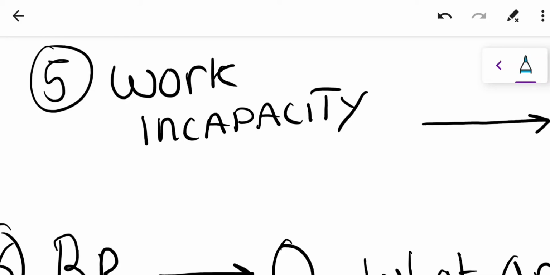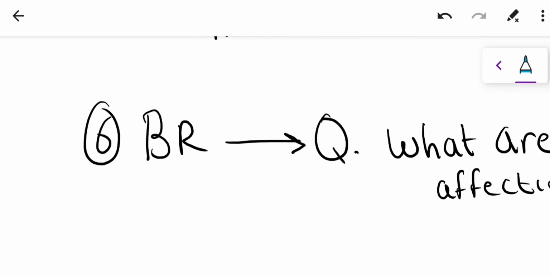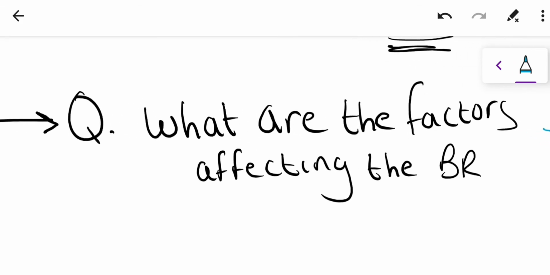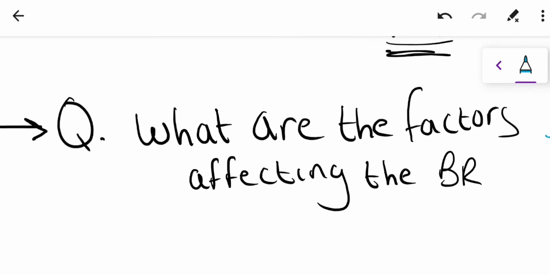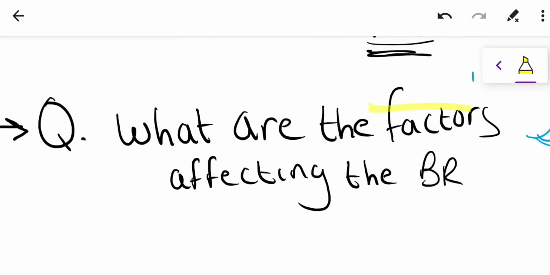Okay. Now let's move on to birth rate. What are the factors affecting the birth rate? All right, I'll give you a few seconds. Now, here, the clue is in factors.